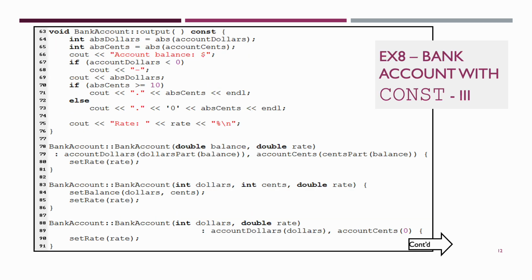This part of the code shows how the class prints its data and initializes its member variables. The output method just displays the account's balance and interest rate in a user-friendly format.